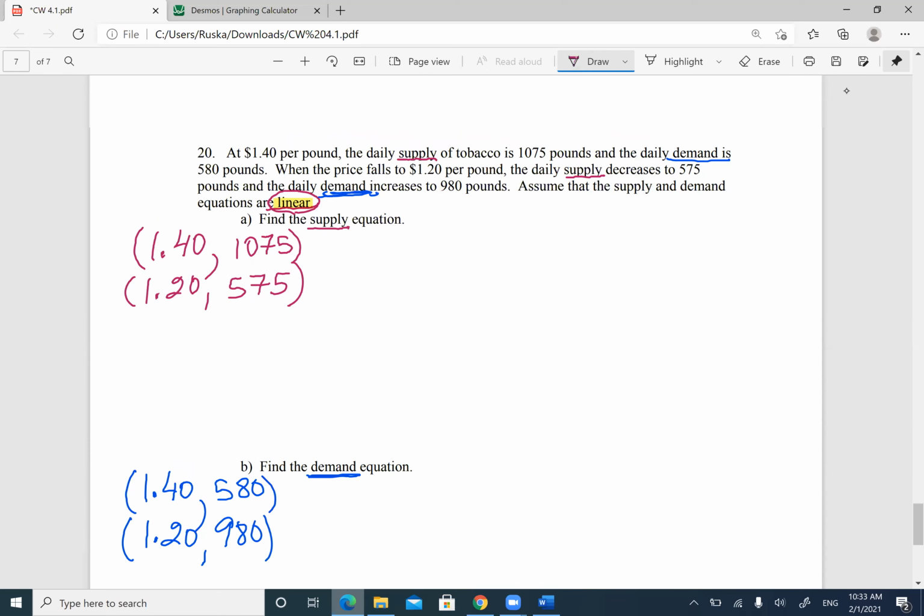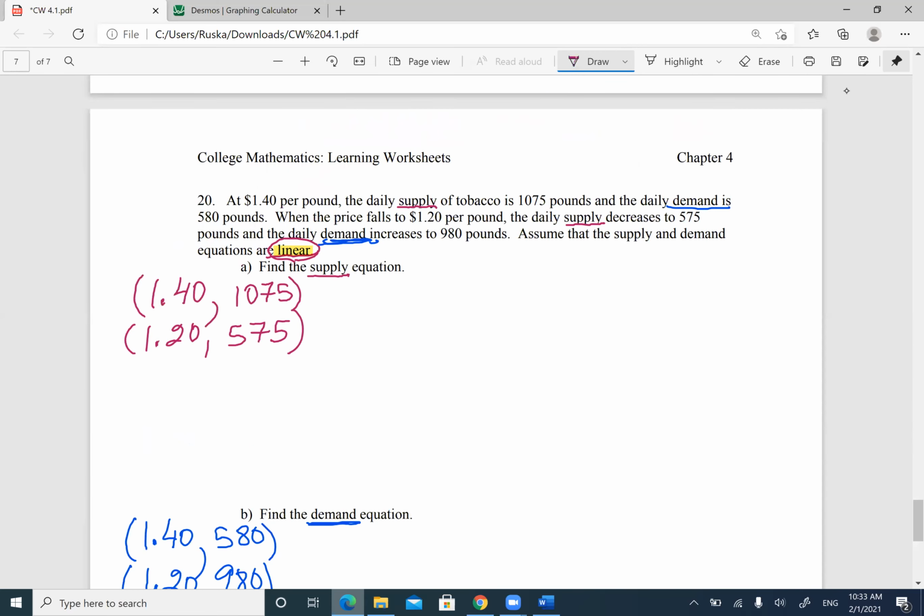So using these 2 points, we're gonna use the slope formula first. Find the slope, which is y2 minus y1 over x2 minus x1. Remember that formula? So we have 575 minus 1,075 over 120 minus 140.